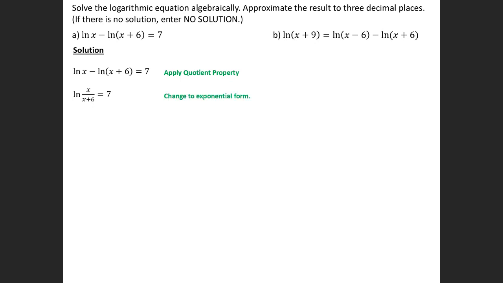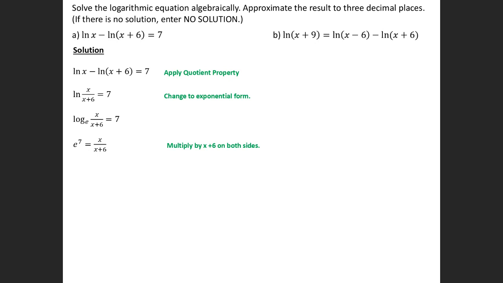Okay, and then we can apply what we have been doing before. We can change it to an exponential form, for practice purposes. We have log base e of x over x plus 6 equal to 7. Let's go ahead and convert it to the exponential form. So again, our base is e, our output is 7, so it's going to be our exponent.